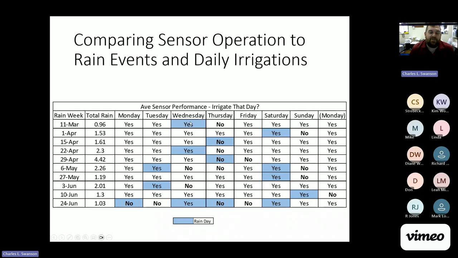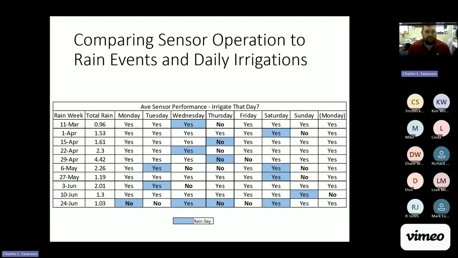And did it need to irrigate that day? Yes or no? Well, if it rains at 2 a.m., but the controller doesn't irrigate till 5 a.m., then that irrigation event was probably going to be canceled. But if the controller turns on at 5 a.m., but it doesn't rain till 1 p.m., well, the irrigation has already occurred for that day. And so the controller didn't know it was going to rain, and it irrigated in advance of that event.